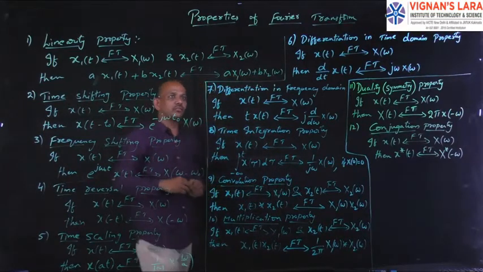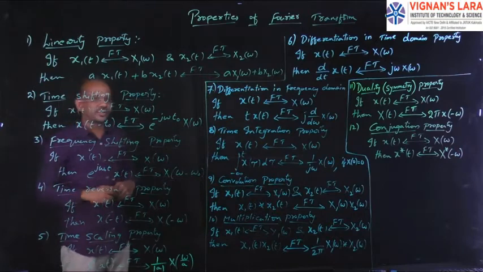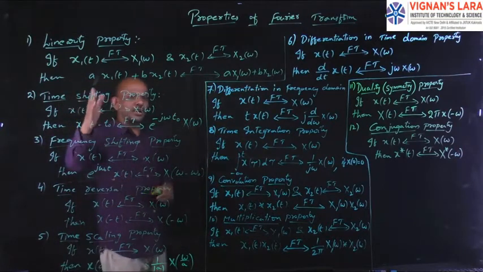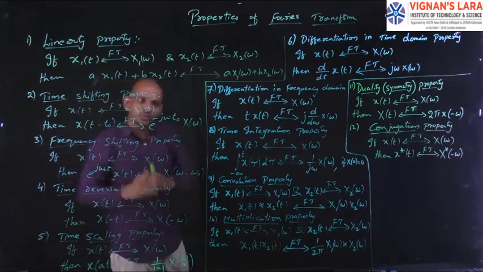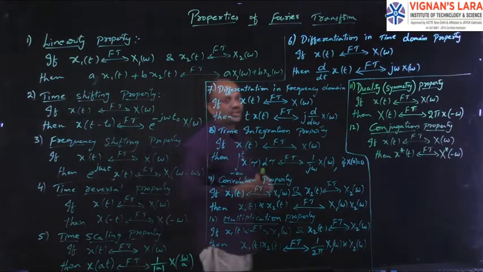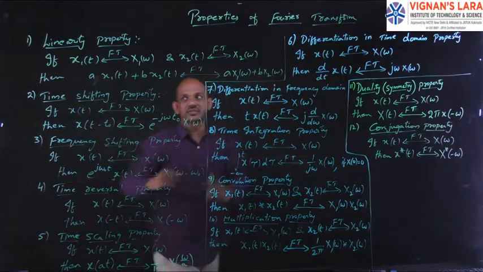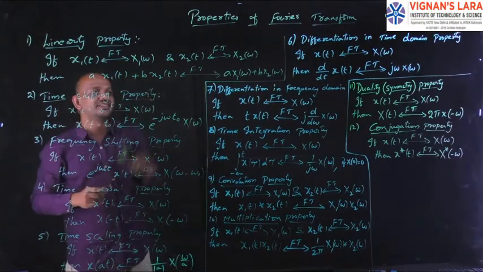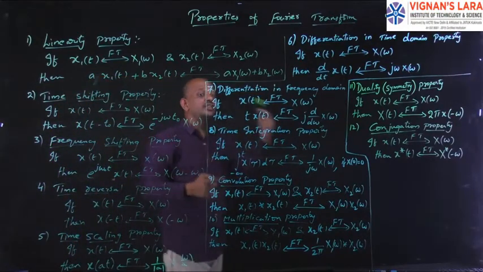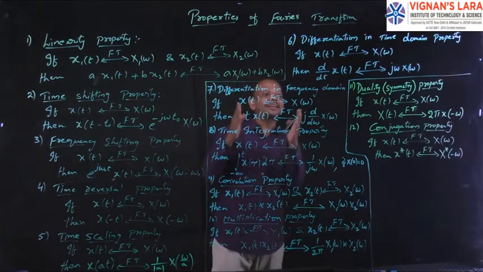Here the weighted sum of the two input signals is equal to the weighted sum of their individual Fourier transforms.